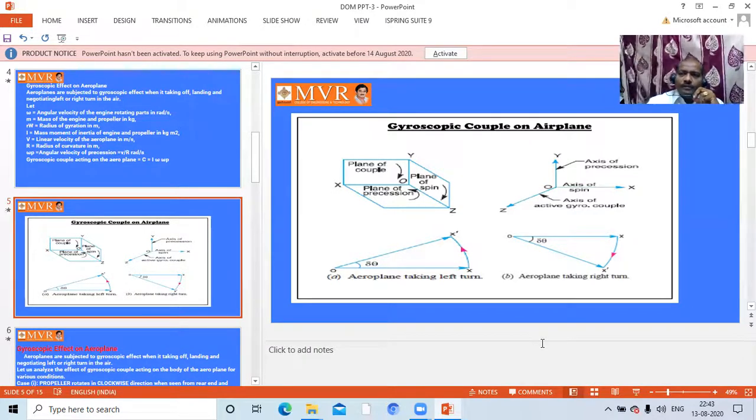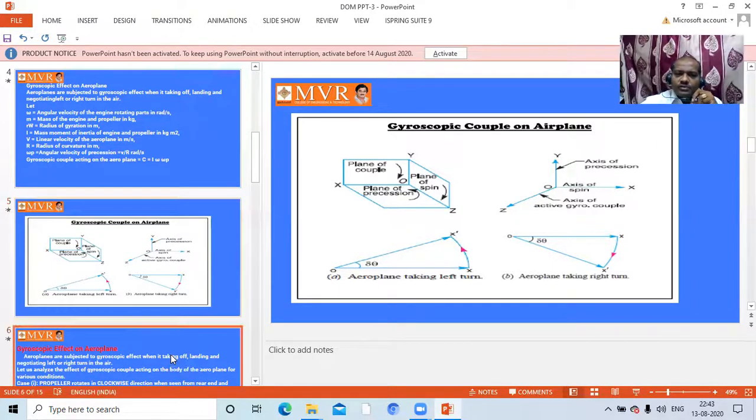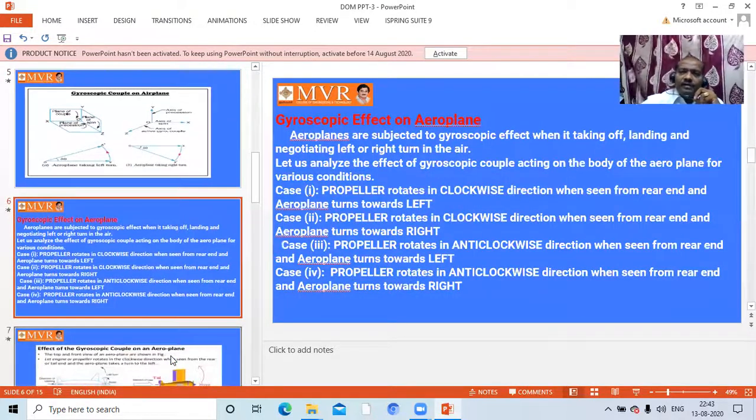So for the aeroplane, if you observe, we have a clockwise rotation of the propeller and an anti-clockwise rotation of the propeller. Two things you have to remember. Next, by observing the aeroplane from the tail side or from the nose side, we have another two possibilities. Those things are going to be considered for analyzing this gyroscopic couple or gyroscopic effect on the aeroplane.